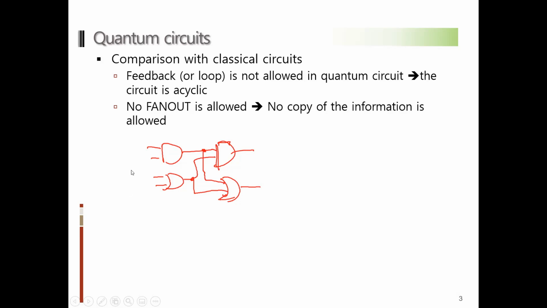There is still some way you can implement a similar effect, but again, you cannot have a single wire fed into more than one gate simultaneously. Such a situation is called fan out.